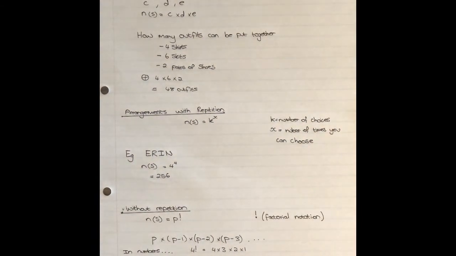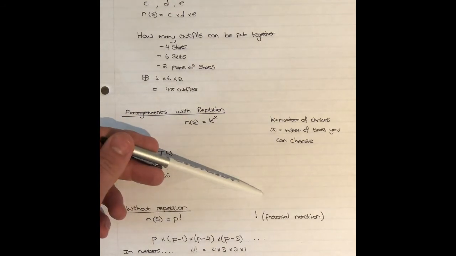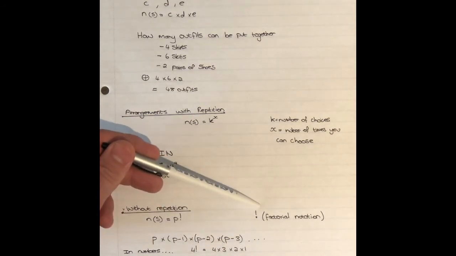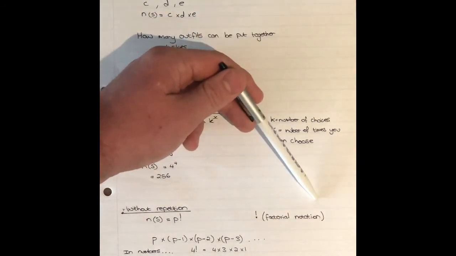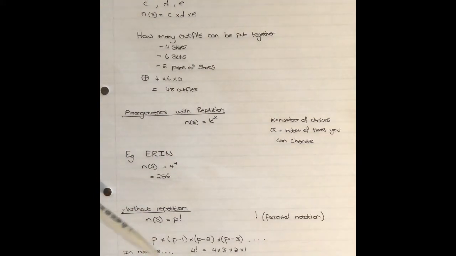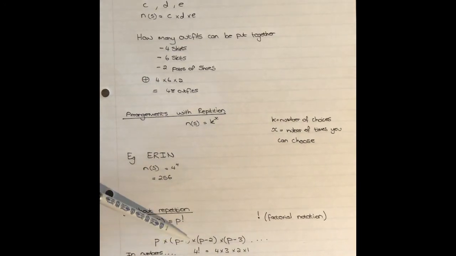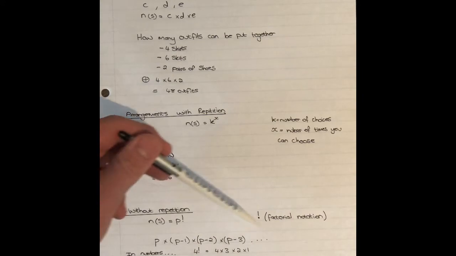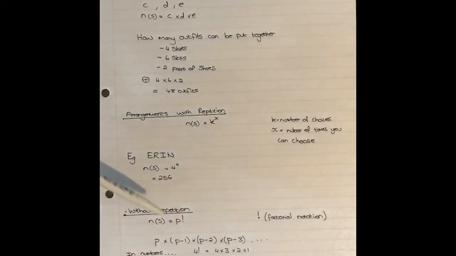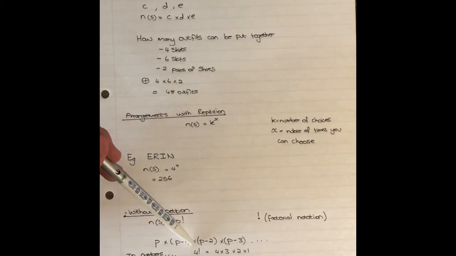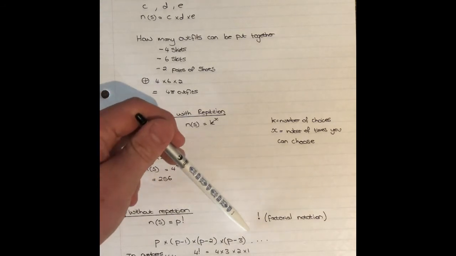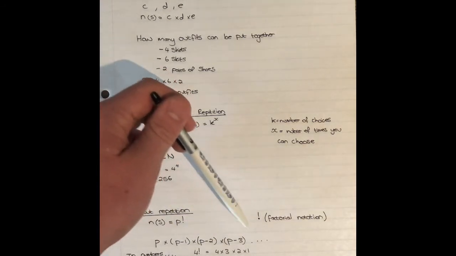Now, without repetition, the sample space is equal to p factorial. This little symbol that looks like an exclamation mark is not one. It represents factorial notation. If you want to see how it works, it's p times (p minus 1) times (p minus 2), etc. Now, in numbers, 4 factorial would be 4 times 3 times 2 times 1 in descending order.